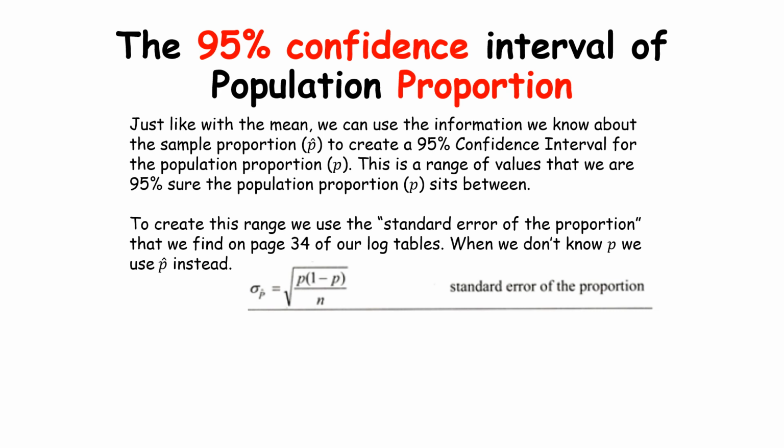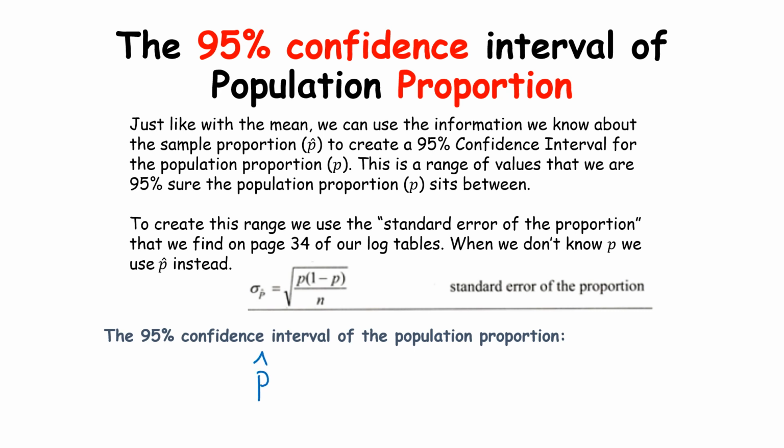So what that looks like is, for the 95% confidence, I'll work it through and then I'll give it to you properly. We'll start with p hat. So that's from the sample, it's the proportion, but we know that the proportion from the sample is never going to be as accurate as the actual population. So it's going to be the proportion give or take.